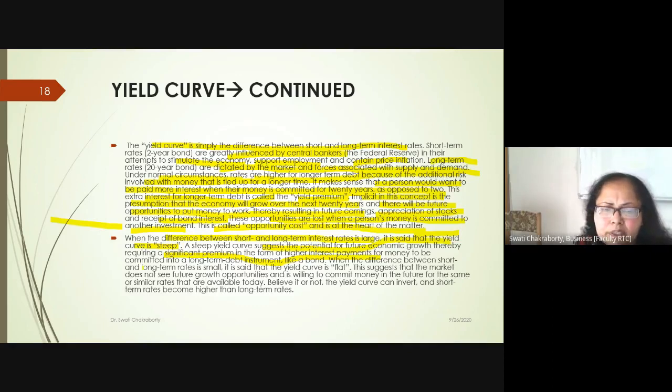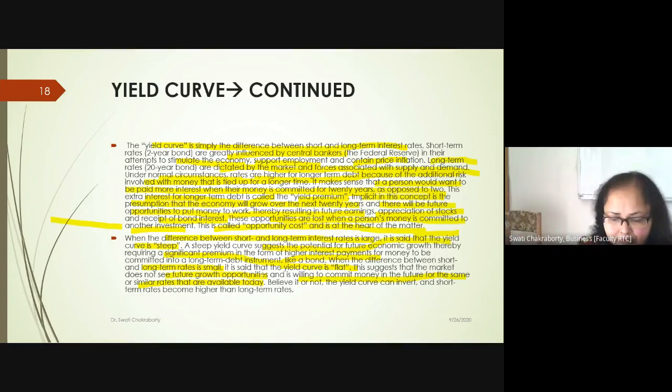When the difference between long-term and short-term rates is small, that's where the yield curve is flat, right? Which means the market does not see future growth opportunities, and they're willing to commit money in the future for the same or similar rates that are available today. So they don't want to go for a longer investment.